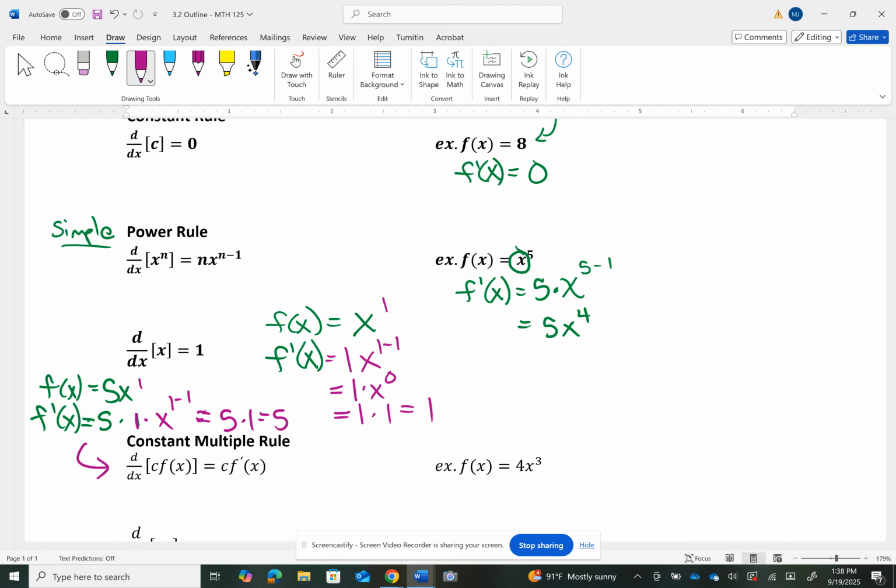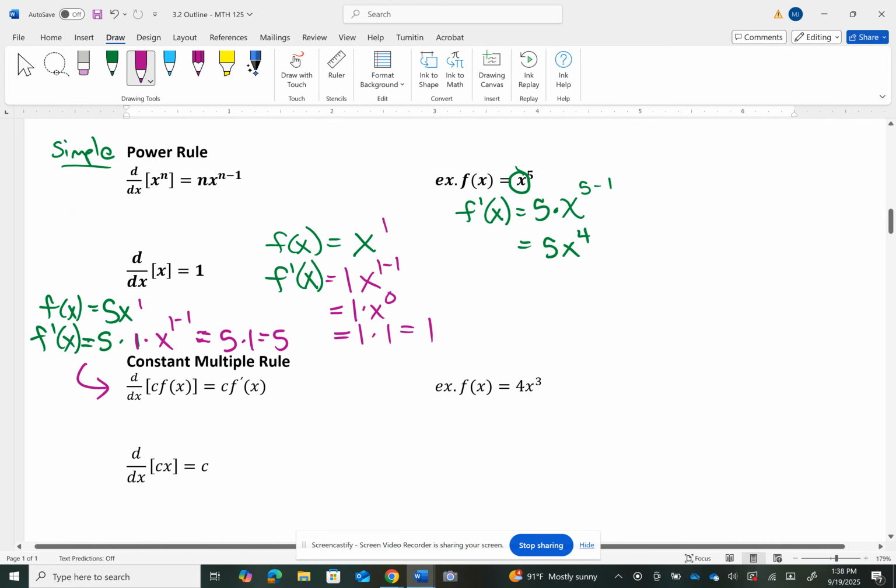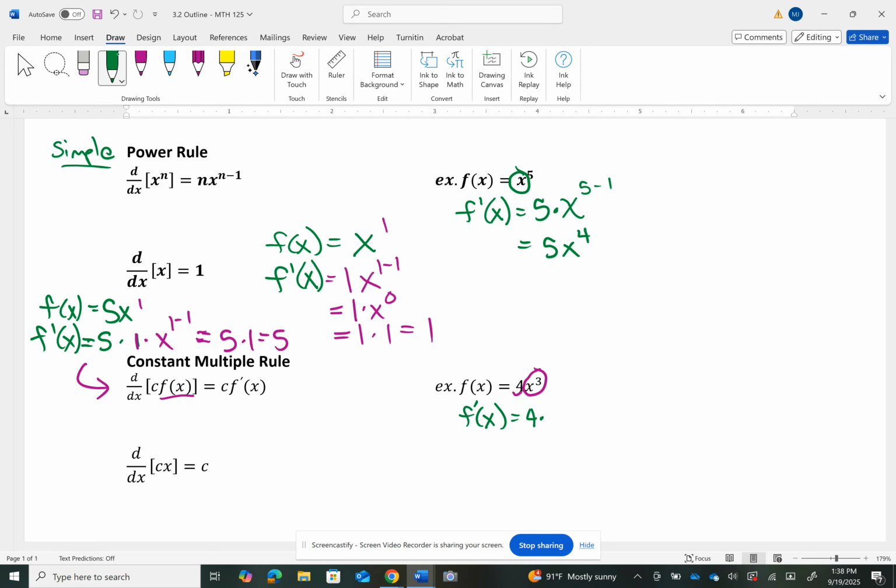The constant multiple rule says if you're trying to do the derivative and you have some constant times a function of x, like 4 times some function involving x, then when you're doing the derivative you can just bring the constant down and then do what you did with the simple power rule.